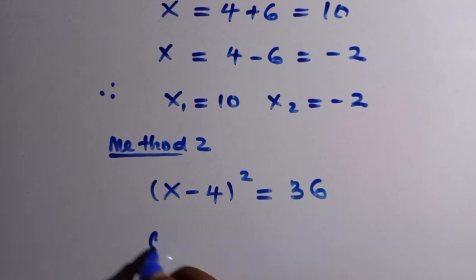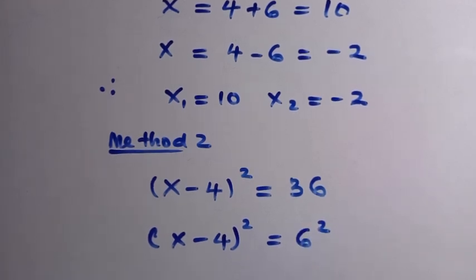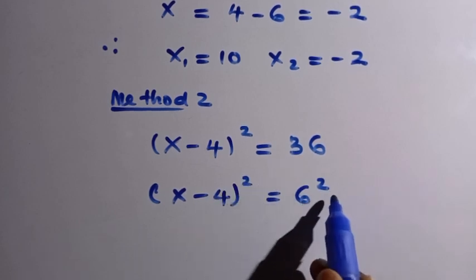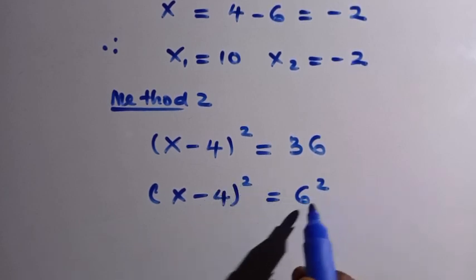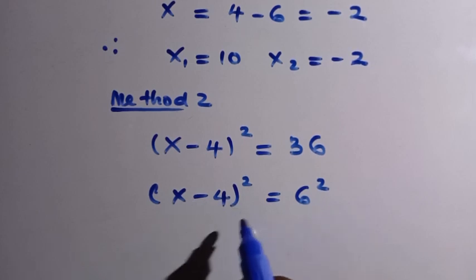On the right hand side, we have 36, which we can write as 6 squared. By having this as 6 squared, some can just say, let's cancel the squares. When you cancel the squares, we equate these together and we have x equals 10.